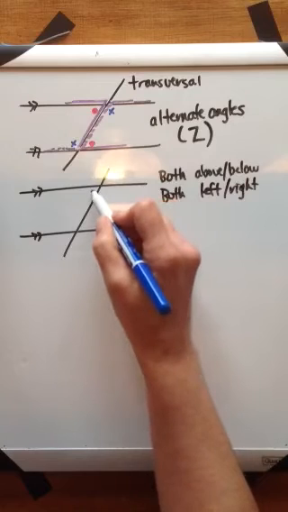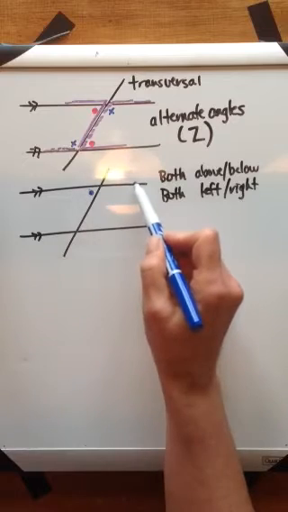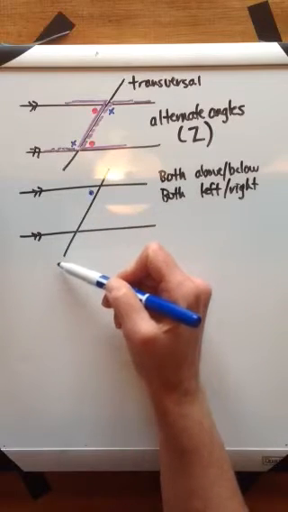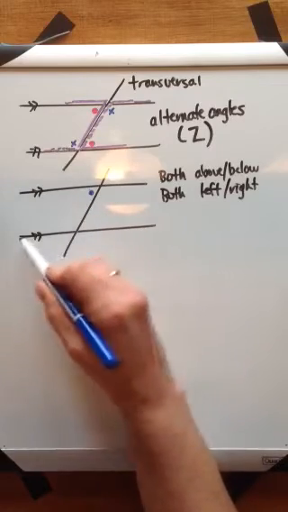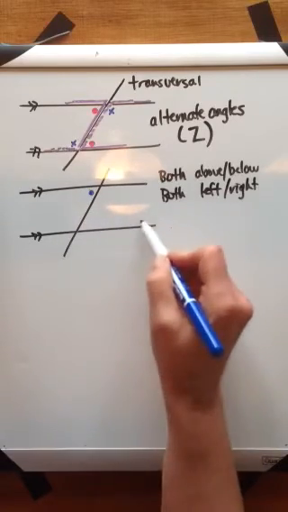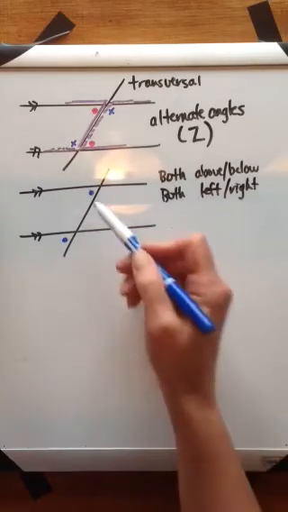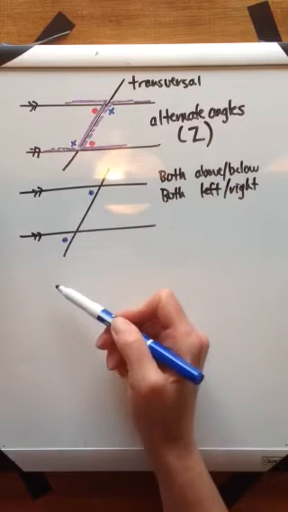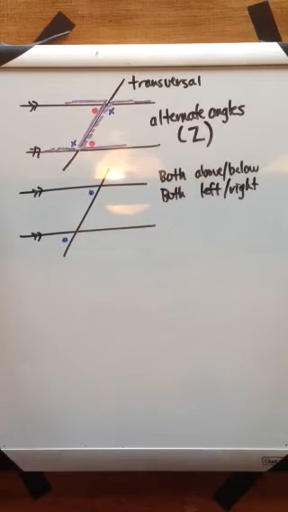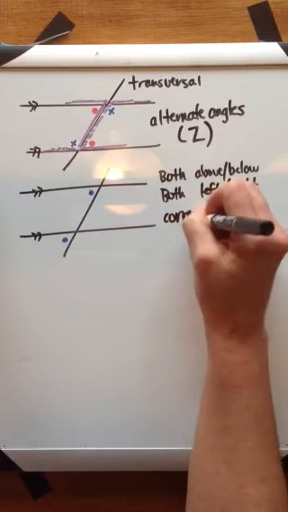Let's pick this angle right here. And we notice that this angle is below the parallel line and to the left of the transversal. So if I look for another angle that is below the parallel line down here and to the left of the transversal as well, in other words, these are both below the parallel lines and both to the left of the transversal. These are called corresponding angles.